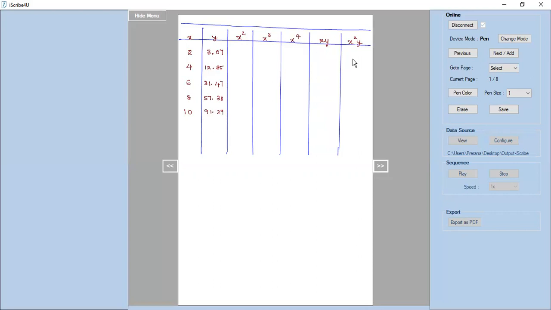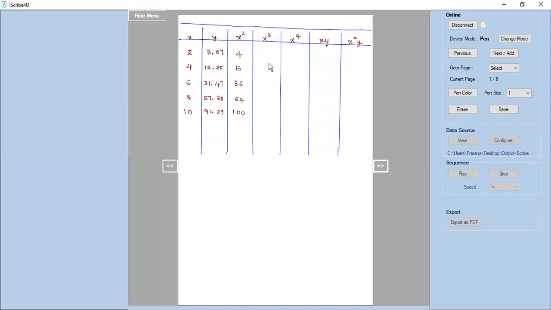Then we need to square the values of x. So x square, x cube, x power 4. Squaring, cubing, and then power 4. So I'll write on the respective values. You can use calculator and do 4, 16, 36, 64, 100.